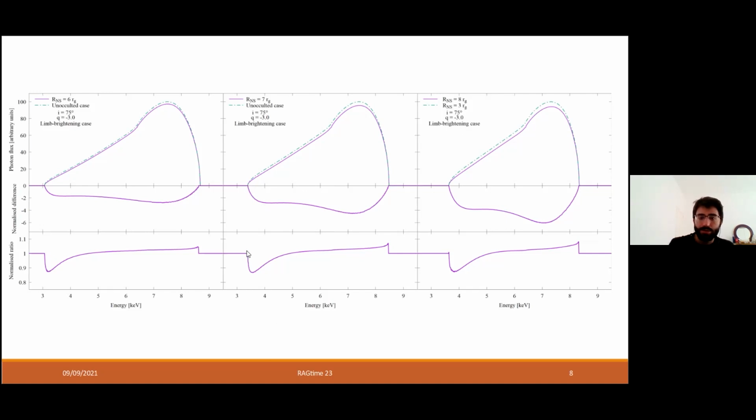Instead, the ratio, here we show the normalized ratio between the two profiles, has a very characteristic shape, which tells you that even normalizing for the loss in absolute flux, you would see this difference if you used a code that would not account for occultation.